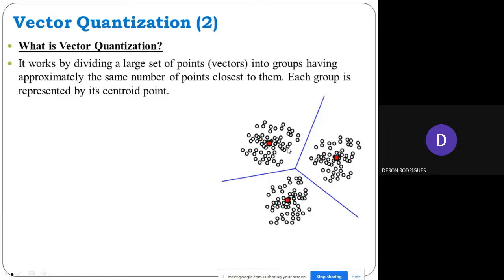So these are all vectors. If you take points and plot them, you will get them. Now, what is done is that these patterns in the pattern space are classified into three regions. So the large pattern space is divided into three regions, and all the values which come in this particular region 1 are assigned this particular centroid value.